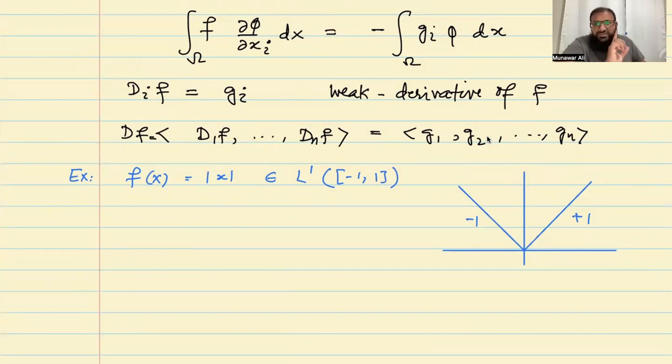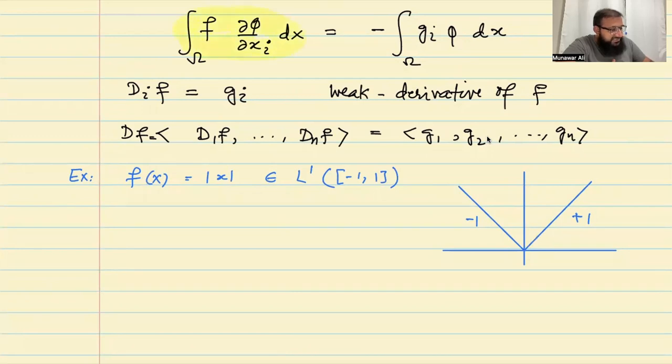Since this function has only one component x, there is no x1, x2, or xy, we are going to just differentiate this with respect to x. We cannot differentiate at 0, but we can make sense of the derivative at 0 in a weak sense. So let us see what we can do. I will take the left hand side from here.